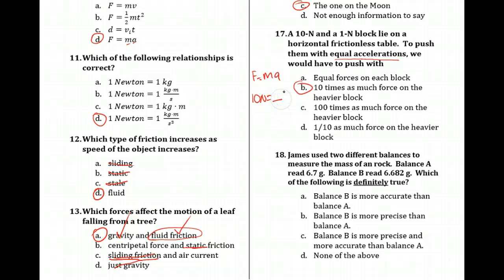So let's just say we're going to do 1 meter per second squared for the acceleration. And then we have 1 Newton is equal to mass times 1 meter per second squared. So here we've got two equal accelerations and two different forces.